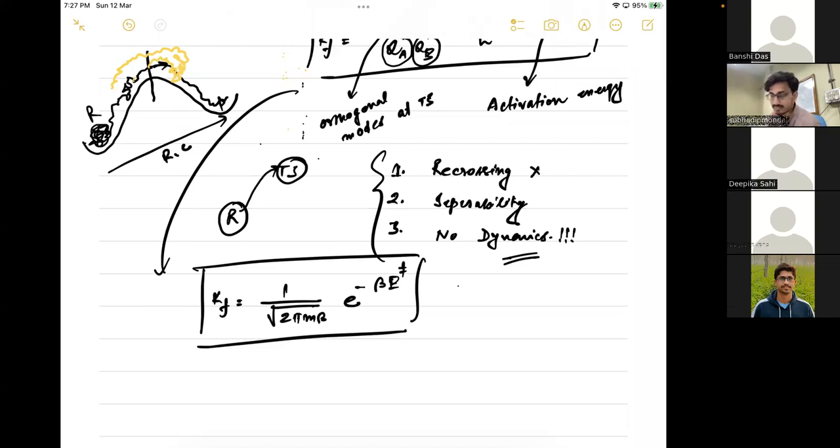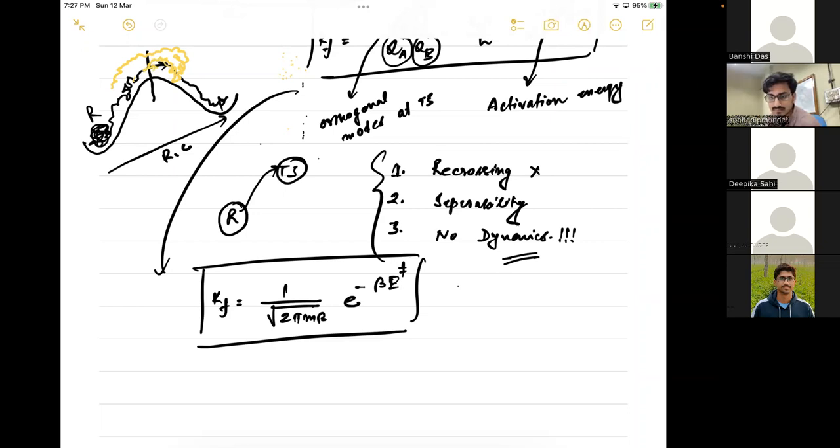But actually, this trajectory, the yellow one, is not a reactive trajectory, because it is not forming product. But according to TST, this trajectory is forming product, because once it crosses this region, we assume that the reaction happens.